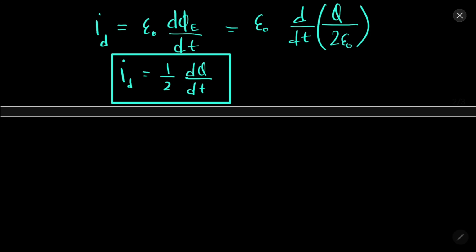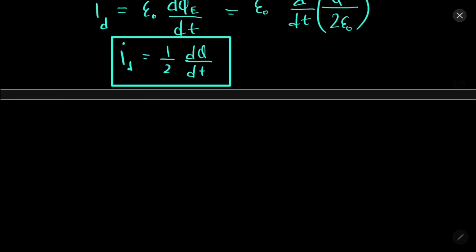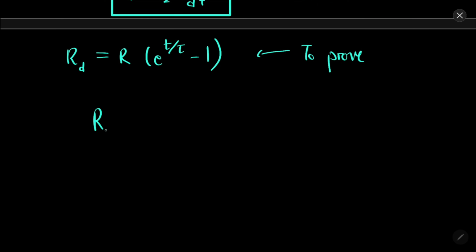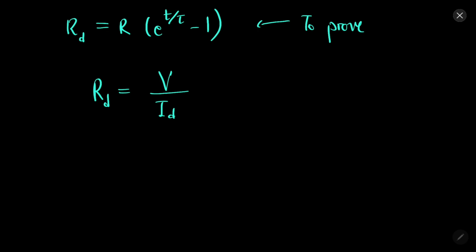So now we need to find the resistance. It is given to be Rd equal to R times e to the power t over tau minus 1. We have to prove this. To prove this, first, displacement resistance will be equal to voltage upon displacement current.